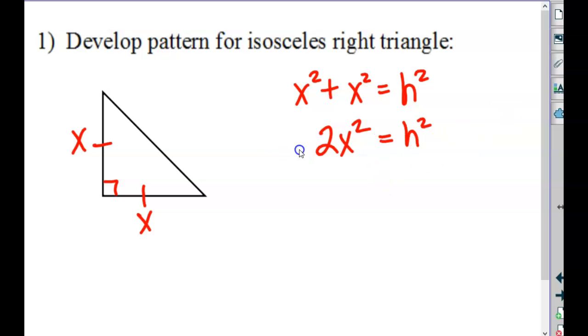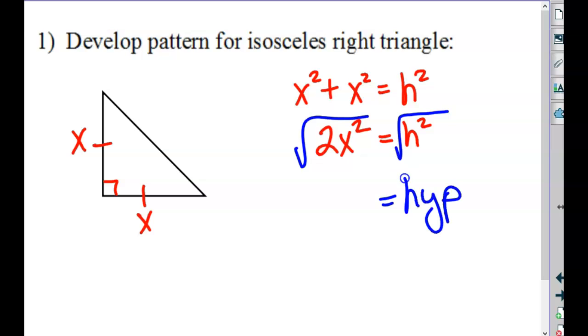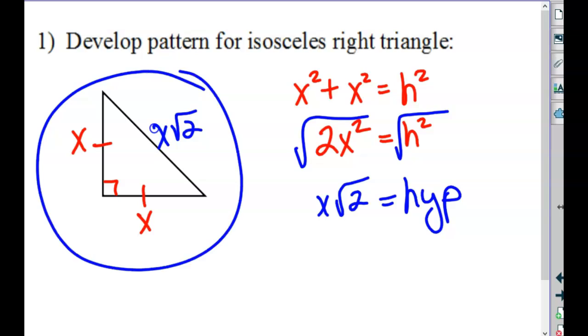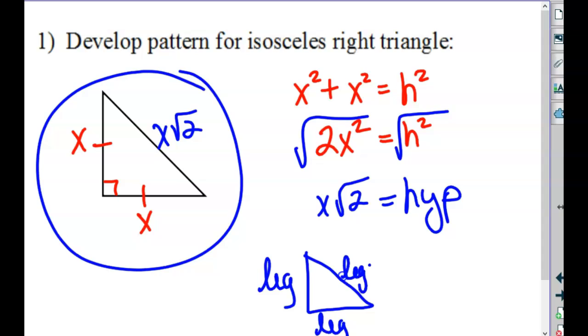If I square rooted both sides, I would have the hypotenuse is actually square root of x squared, which is x, times square root of 2. So this is the pattern you should have learned in geometry. Does that look familiar? Or sometimes it's written leg times the square root of 2. Everybody good?